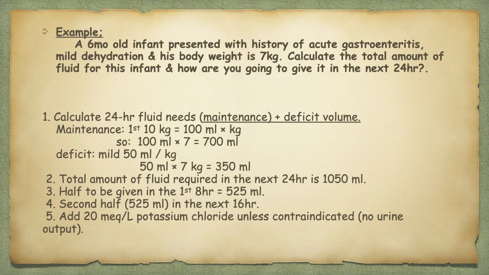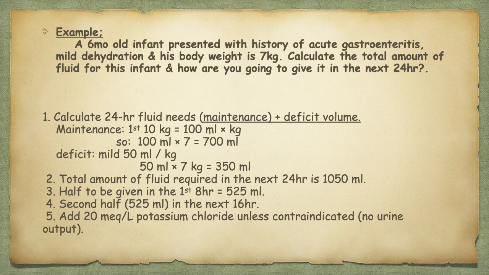The amount of fluid that's required for this patient is equal to the maintenance plus deficit. The maintenance, as you already learned, for the first 10 kilograms of the patient's weight, each kilogram will be multiplied by 100. So as our patient is 7 kilograms, 100 multiplied by 7 will be 700 cc as maintenance fluid.